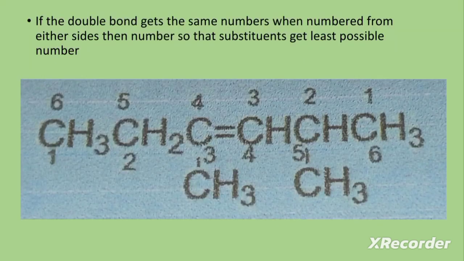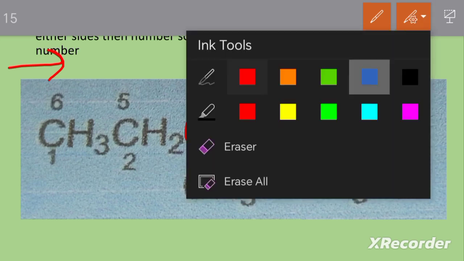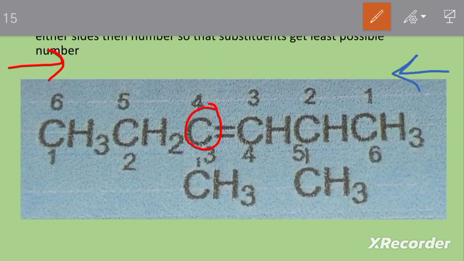If the double bonds get the same numbers when numbered from either side, then number so that the substituents get the least possible numbers, right? If we number this in this direction, this carbon has the double bond. If I number it from this direction, this carbon has the double bond.